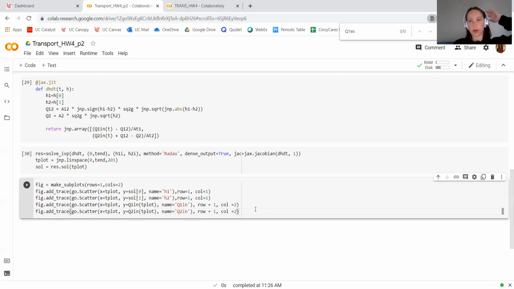Okay, so we have 4 different lines and 2 different graphs. So on one graph, we'll have the change in height, and on one graph, we'll have the change in flow rate, and it should look like a stepwise sigmoid function.